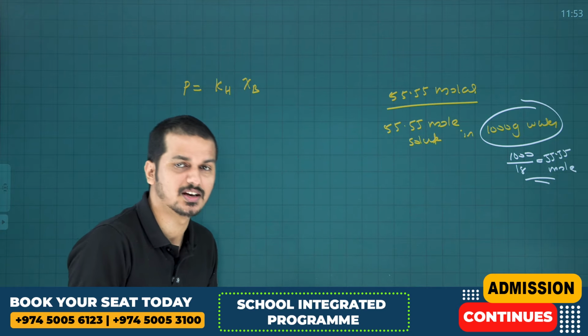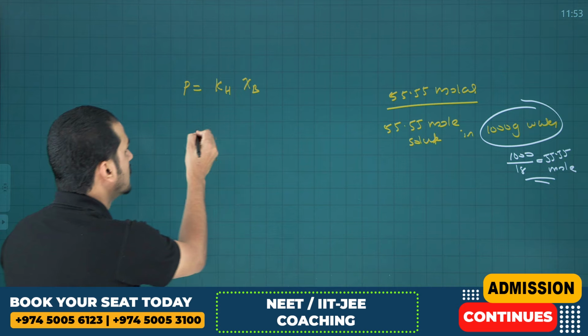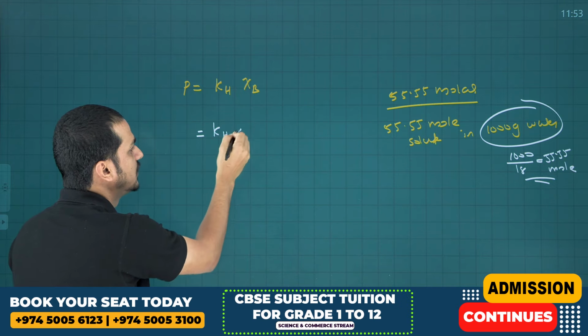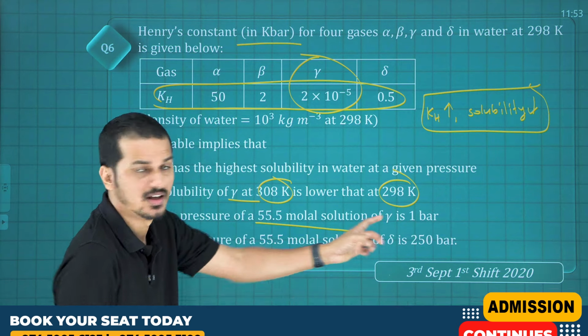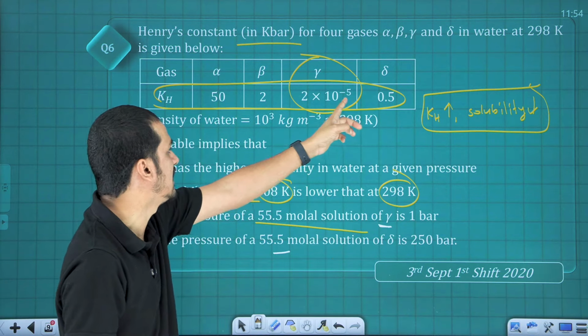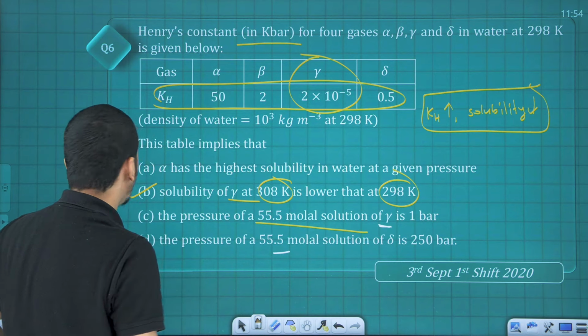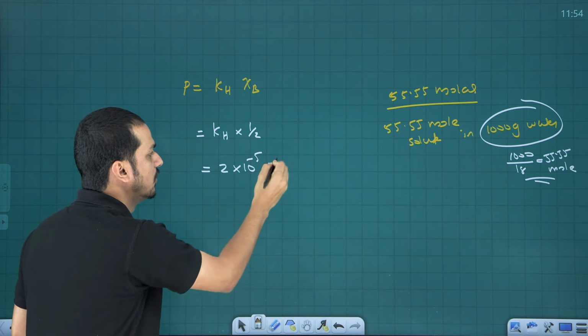So what's the mole fraction? Both are equal, so mole fraction is 1 by 2. So KH into 1 by 2 will come. They are asking about gamma. Its KH value is 2 into 10 raised to minus 5, into 1 by 2.